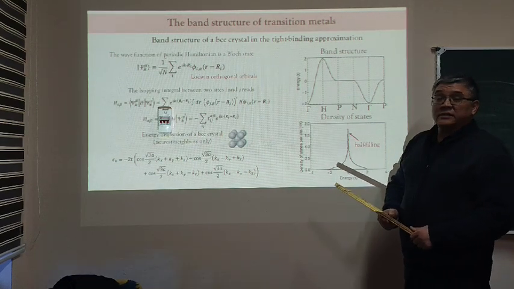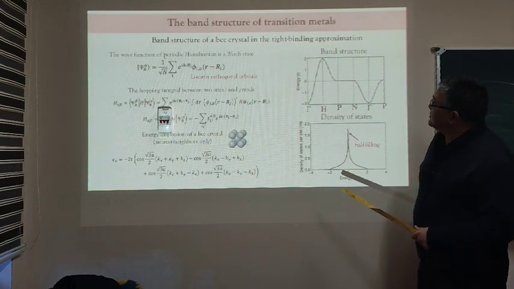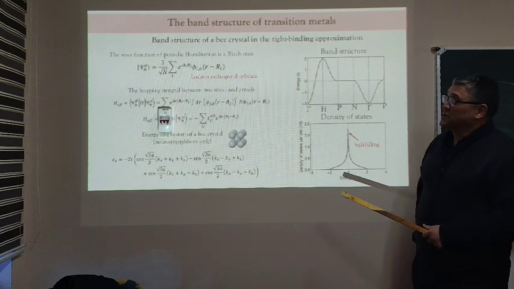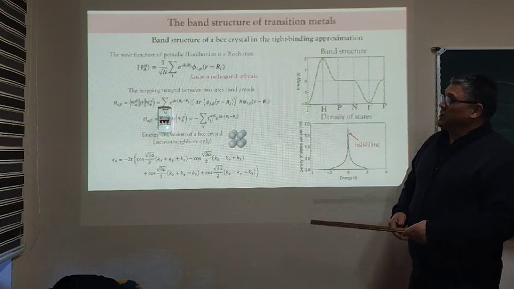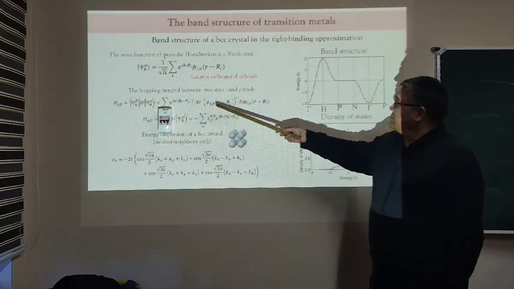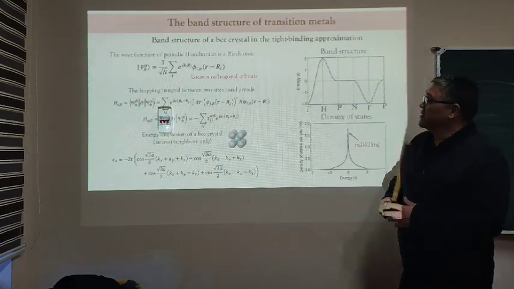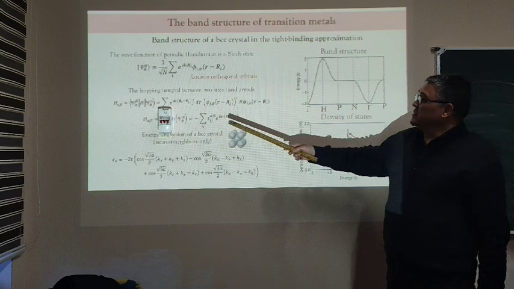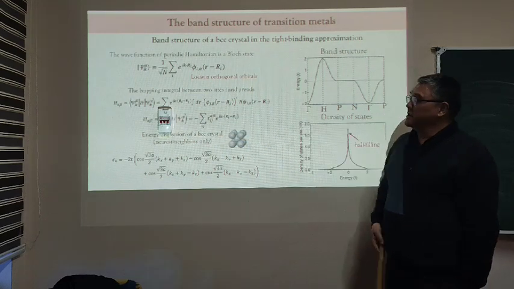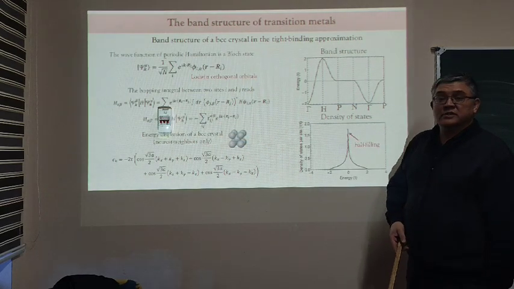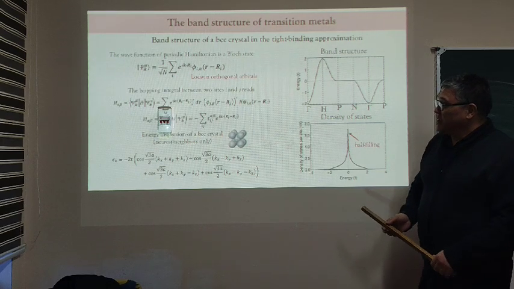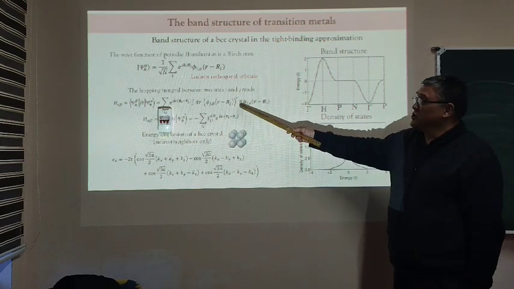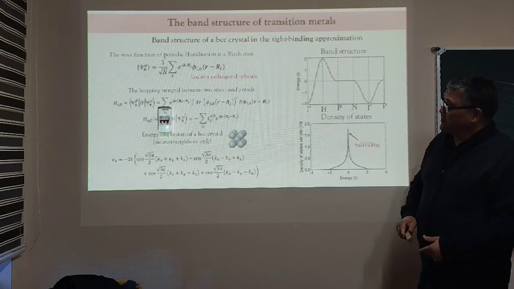Now, in this tight binding approximation, the hopping integral between two sites, i and j, can be written with this line. Inside of the sum we have an integral, which is just the overlap between the alpha and beta atoms, with H standing for the Hamiltonian.